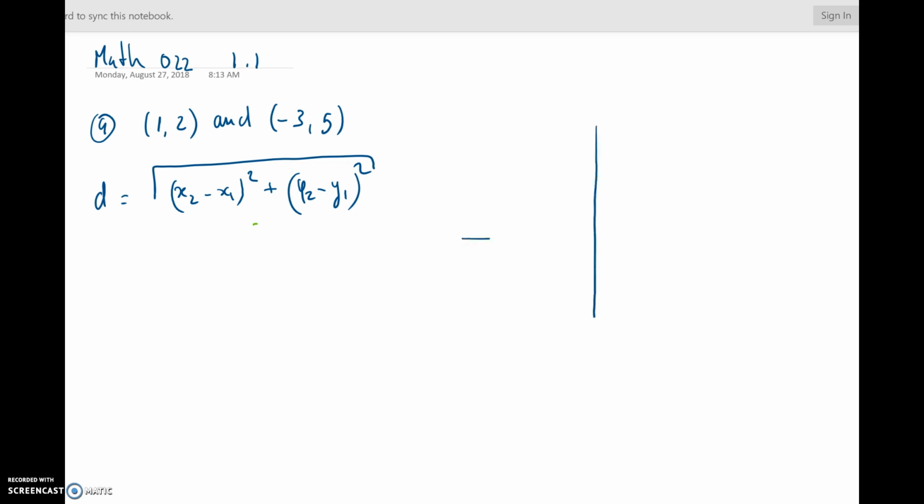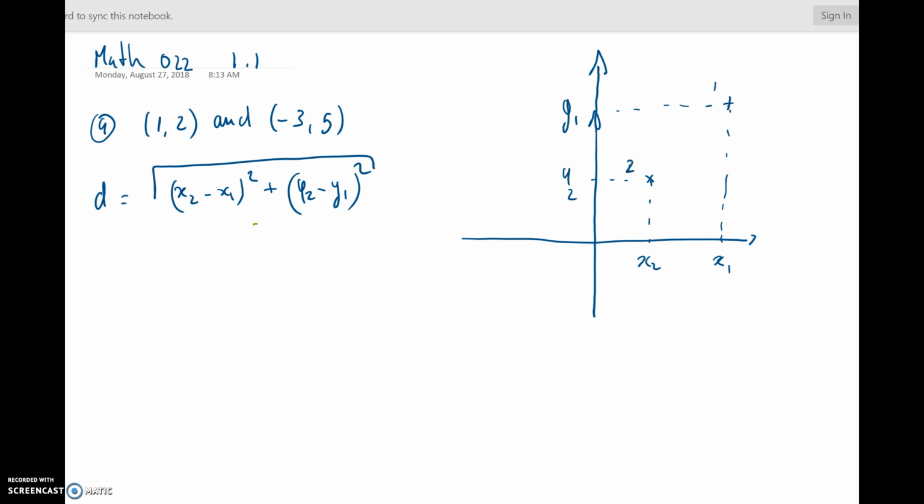by remembering that if you have 2 points on a Cartesian coordinate system, these 2 points will be defined by, let's call them, x1, y1, and x2, y2, for point number 1 and point number 2.